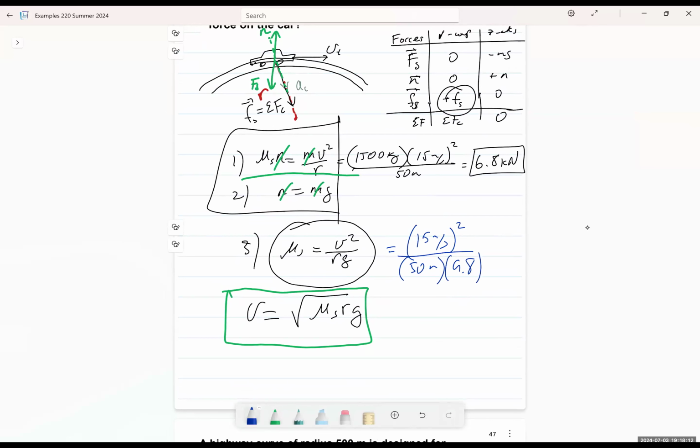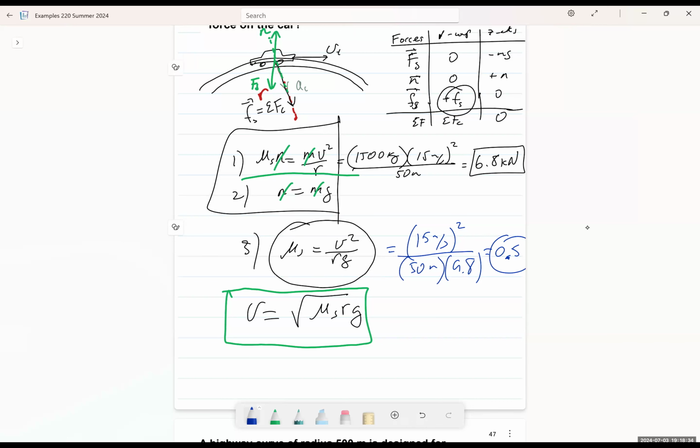So this indicates that static friction here is roughly 0.5. That means that's the coefficient of static friction between the tires and the road.